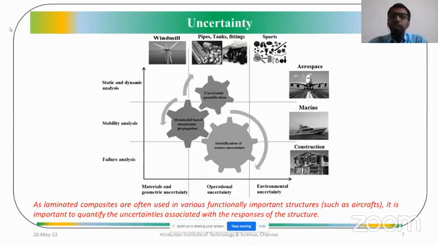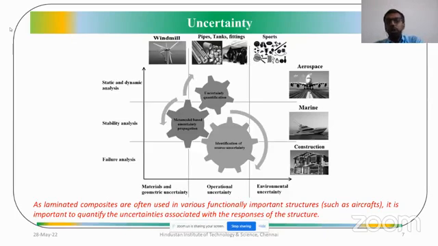So if there is uncertainty in the source, in the material, in the fabrication process, in the manufacturing process, then obviously there will be an effect on the global response in their analysis also.